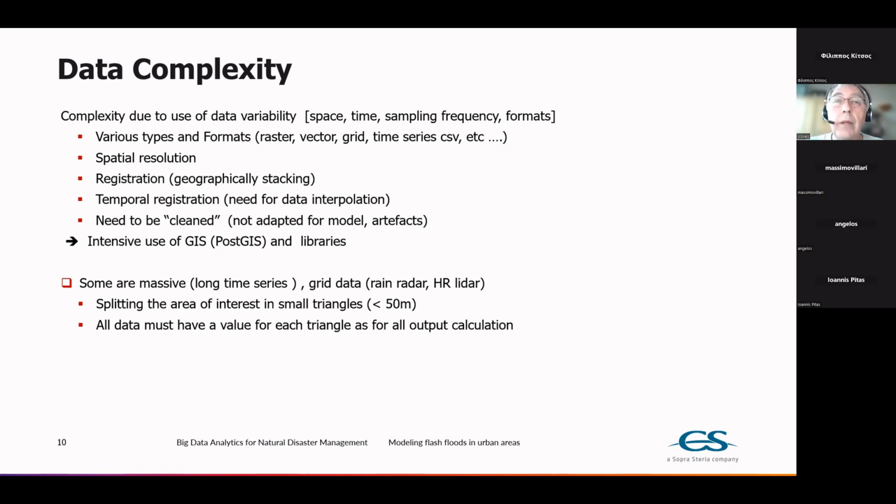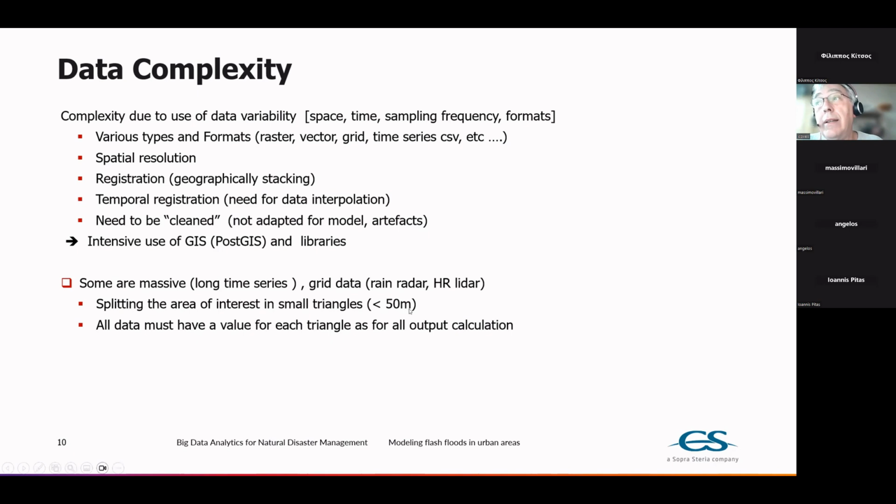For example, you can mix a part of a house with a part of the street, and in the end it's completely wrong, because in urban flow each structure above the ground is important. So one of the heavy tasks is to prepare this surface and these triangles for the calculation.